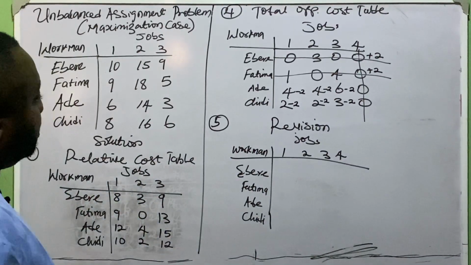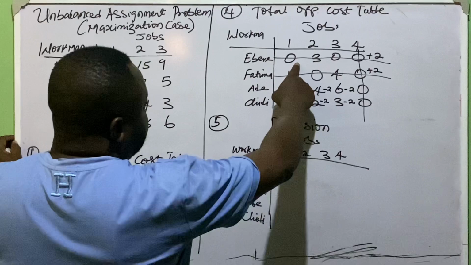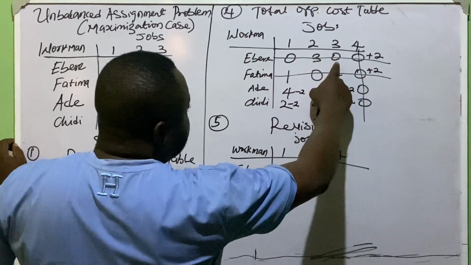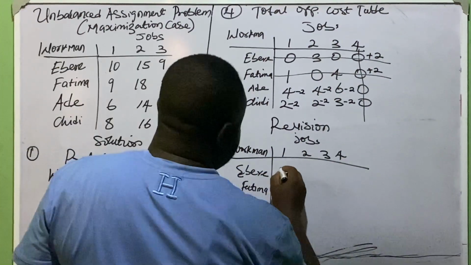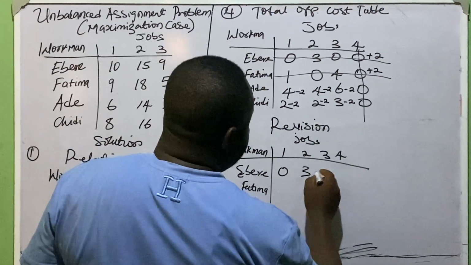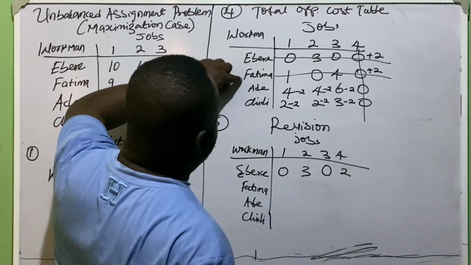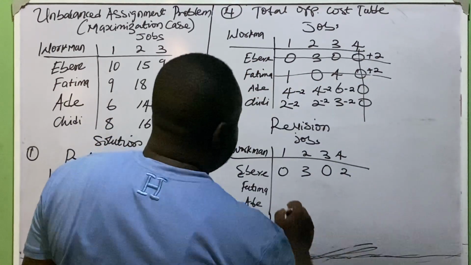Alright, so we're going to bring the values here now. This 0 that the lines merely touched is coming back. Same with 3, same with 0. Then we bring 2 back here. So we'll have 0, 3, 0, and 2. For row Fatima, we'll have 1, 0, 4, and 2.